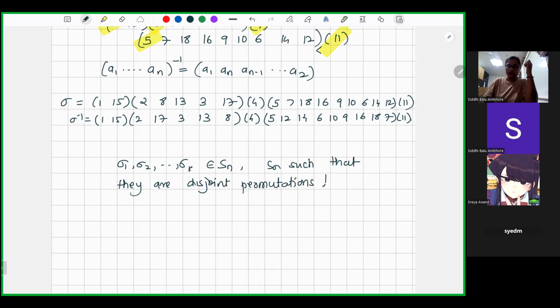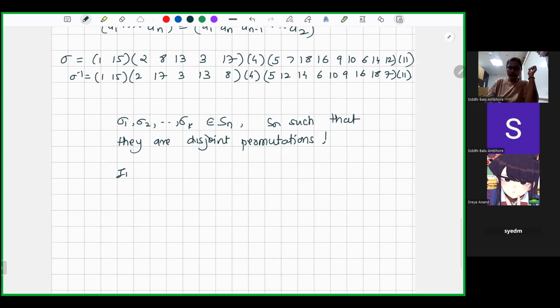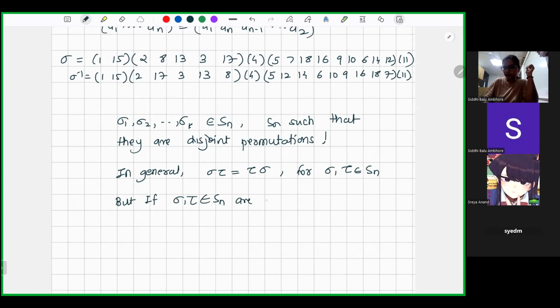In general, sigma tau is not equal to tau sigma, for sigma and tau in Sn. But if sigma and tau in Sn are such that they are disjoint, then sigma tau equals tau sigma.